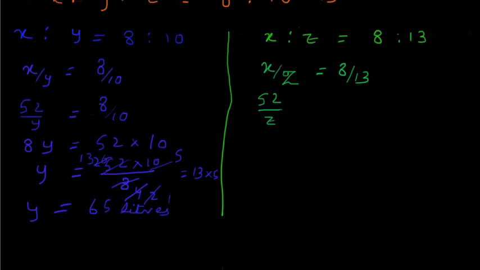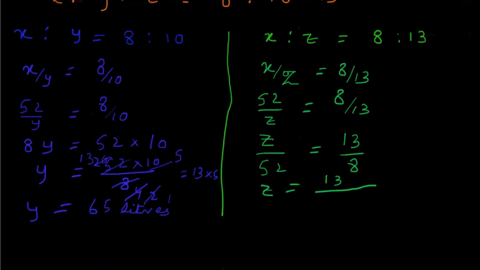Here I use cross multiplication, but you can also take the reciprocal of both sides. Like I can also write Z by 52 equals 13 by 8.